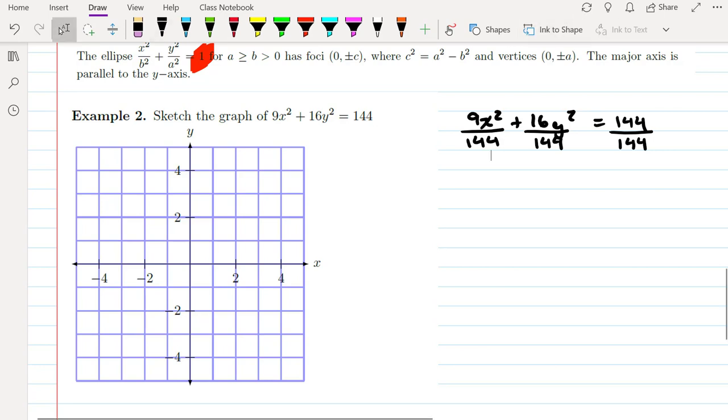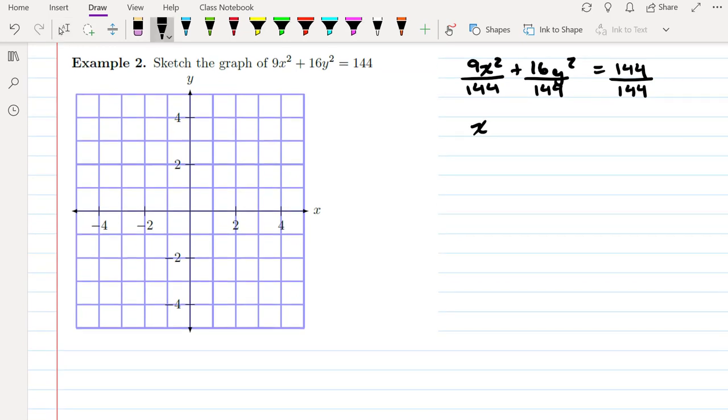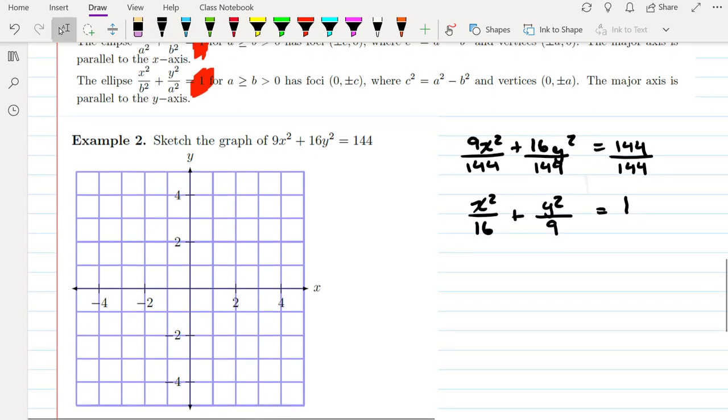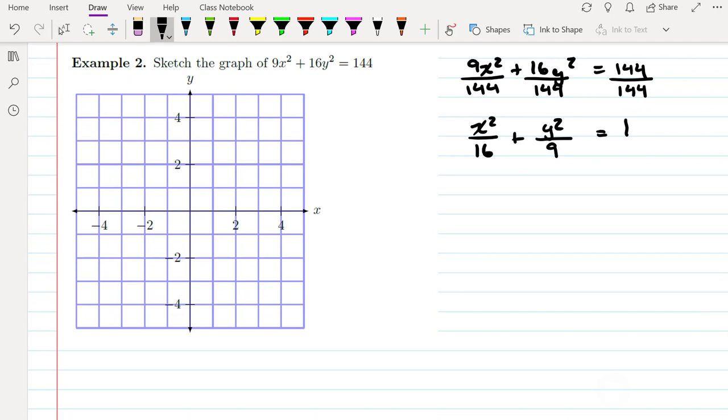So after doing this, 9 and 144 reduce to give us x squared over 16 plus y squared, 16 goes into 144 9 times, is equal to 1. To help us get back in this form, we'll notice that the denominators are perfect squares. So we have x squared over 4 squared plus y squared over 3 squared is equal to 1.